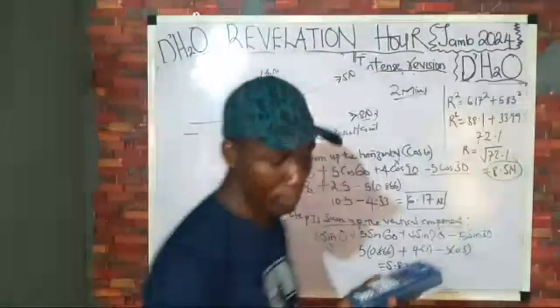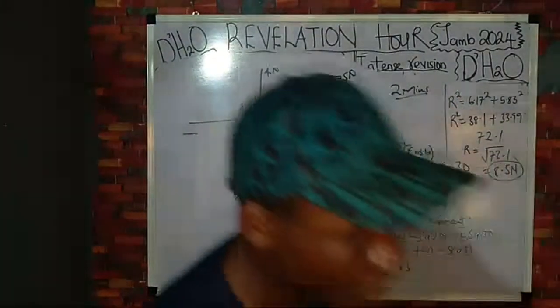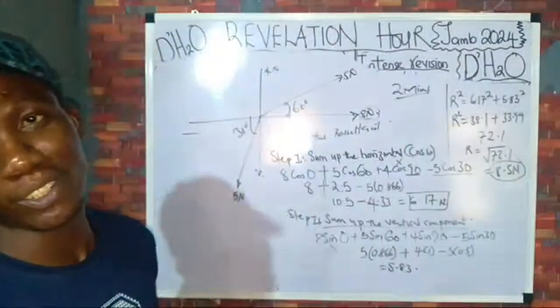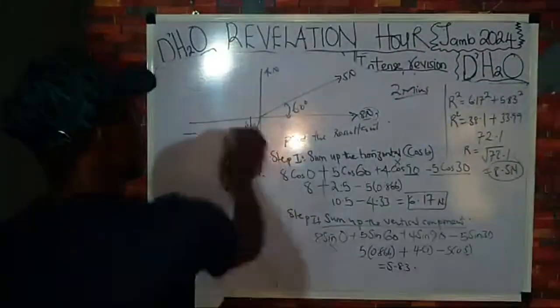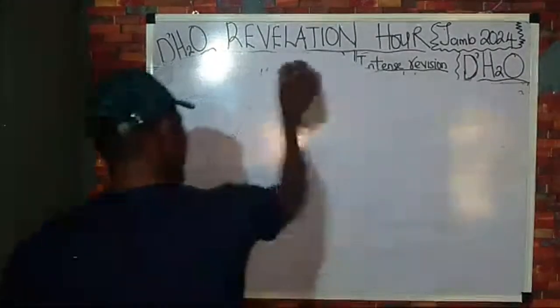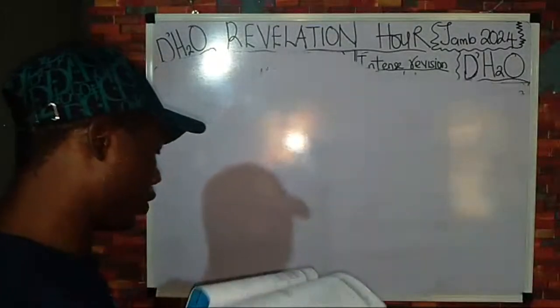So you can mark yourself. I have one more question for us, and you take it as your homework before we come to the end of this video lesson. This time, the question is cheap.